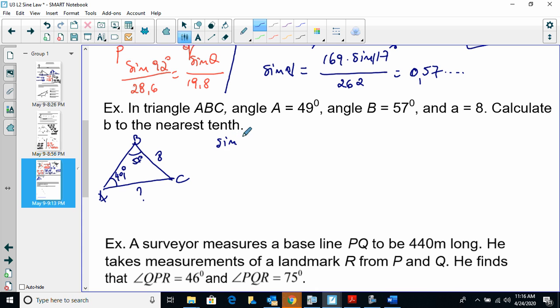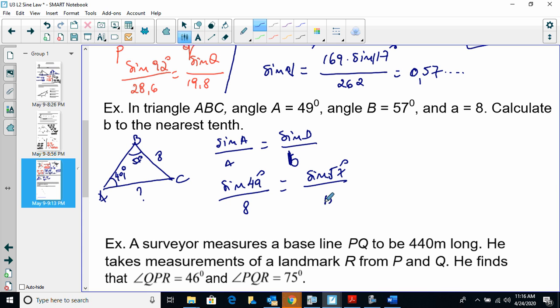So again, sine A over a is equal to sine B over b. Substituting, we'll have sine 49 over 8 equals sine 57 over b. From here, we can find that b is equal to 8 times sine 57 over sine 49 degrees.